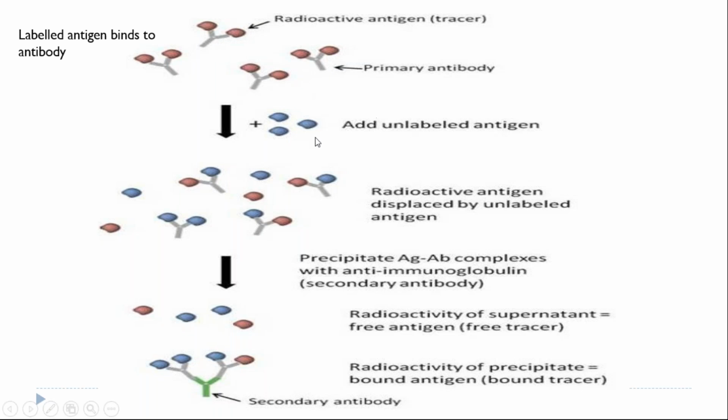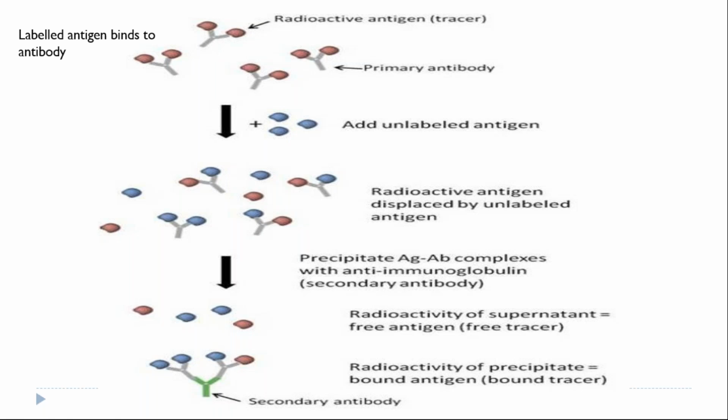Now, to this, you add the unlabeled antigen or the sample. So now there is a competition between the unlabeled antigen and the labeled antigen for the sites on the antibody. In this reaction, the unlabeled antigen will compete and bind to the antibody, knocking off or displacing the radioactive label.